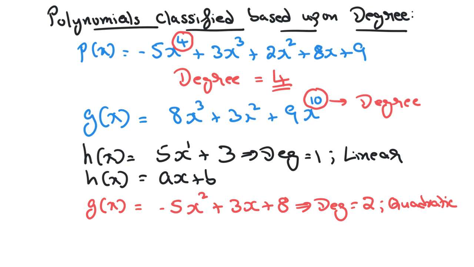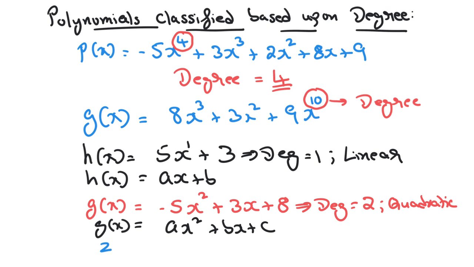Quadratic, where the degree of the polynomial is 2. In general, you can write the polynomial as ax squared plus bx plus c for a quadratic polynomial. We will be dealing with quadratic polynomials, how to factor them, later. Keep watching the videos.